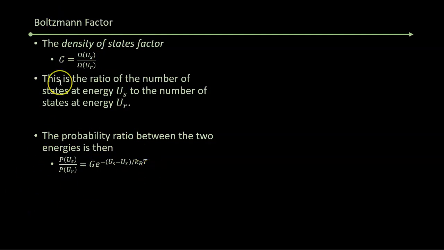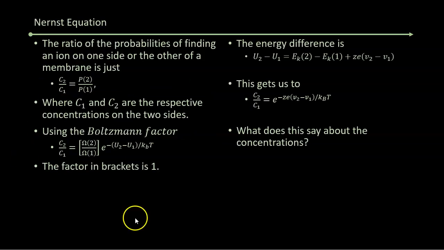So this gets us to the Boltzmann factor we're going to use here and there throughout the problems. And that Boltzmann factor leads very quickly into another bit we'll use very often, the Nernst equation. The probability of finding an ion on one side of a membrane versus the other is simply the ratio of the concentrations on the two sides. That kind of makes sense, doesn't it? If you have a concentration on one side that's twice as high as on the other side, the probability of finding something is going to be proportional to the concentrations.